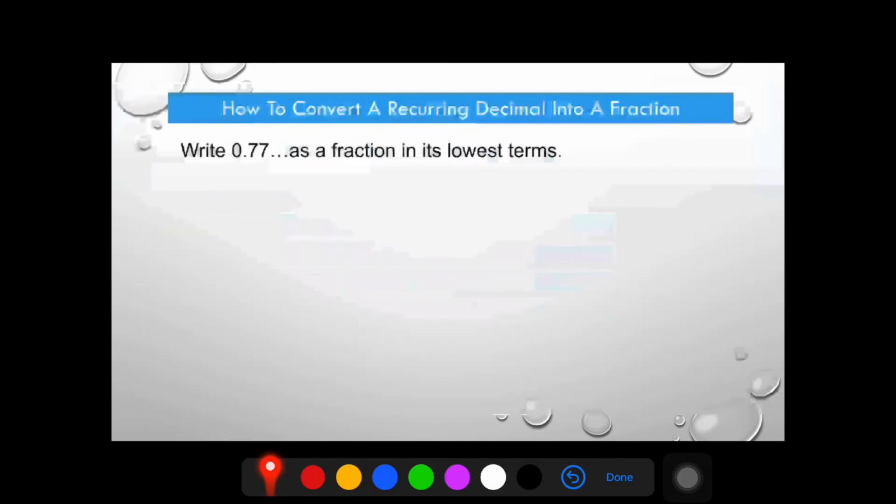Okay, next part. How to convert a recurring decimal into a fraction. Example, 0.77 and so on, the dot at the back here means recurring, repeat the number 7777 and so on.